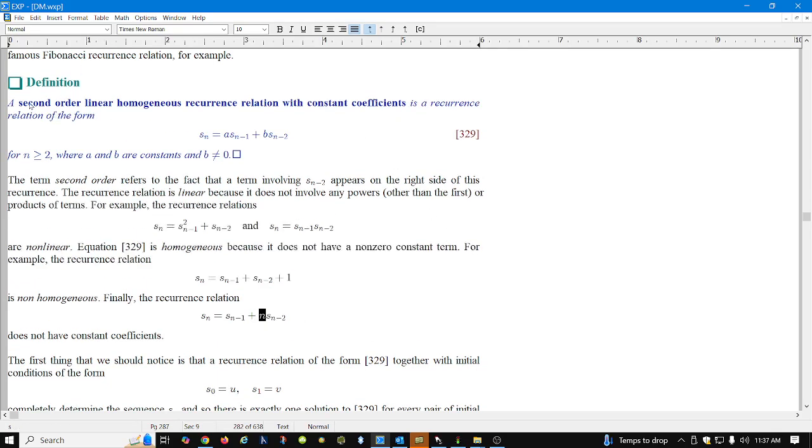So putting it together: second order, because of the Sn minus 2, where b is non-zero; linear, because this is a linear combination of Sn minus 1 and Sn minus 2, with no powers higher than 1 and no products; homogeneous because there's no constant term; and constant coefficients because a and b are constants.